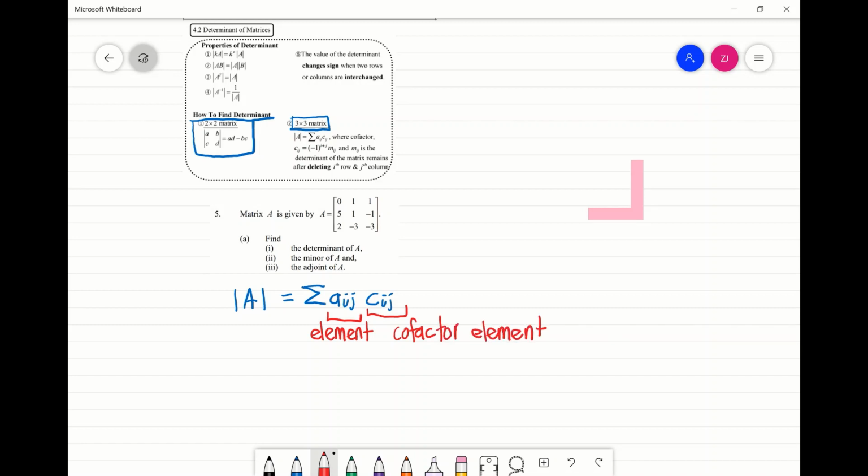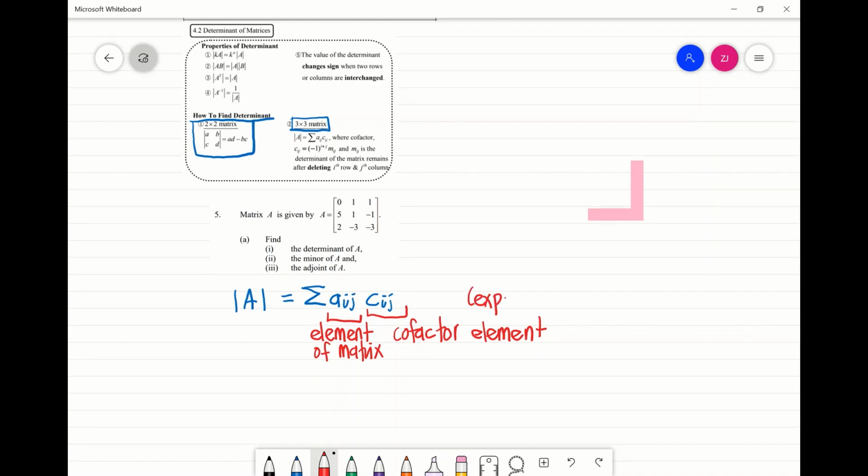So Aij is the element in the respective matrix, and Cij is the cofactor element. In order to find determinant, we may expand any row or any column.